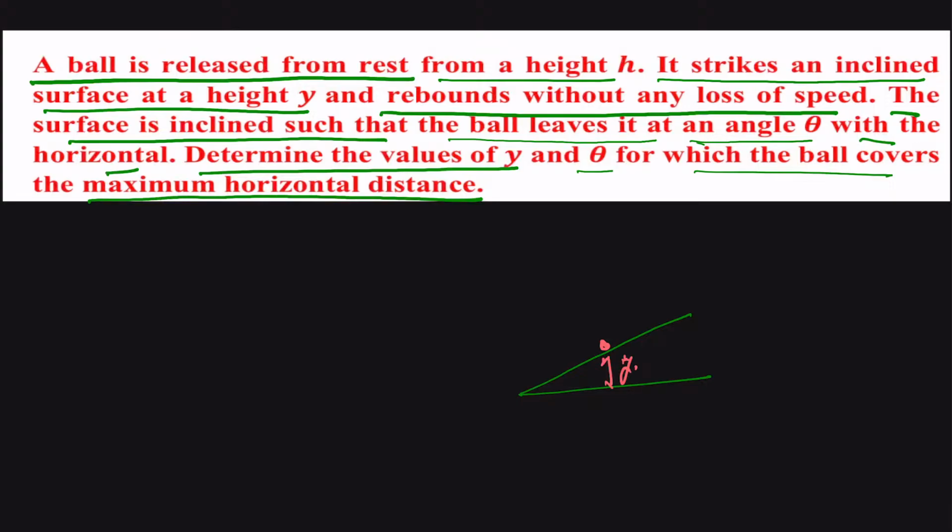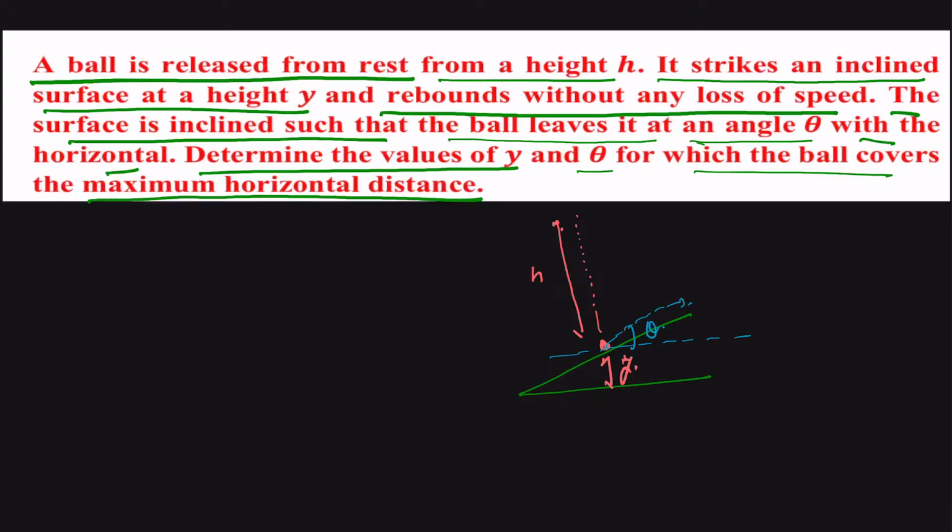Okay, and it is dropped from height h, and after it strikes this point it behaves like a projectile and moves in this direction. Okay, and the angle is theta. So this is the basic question, and we have to find out the value of y and theta for which the ball covers the maximum horizontal distance.